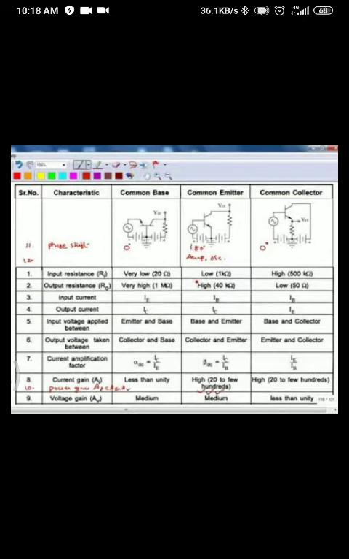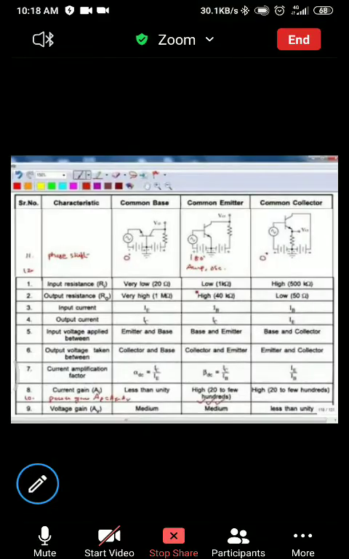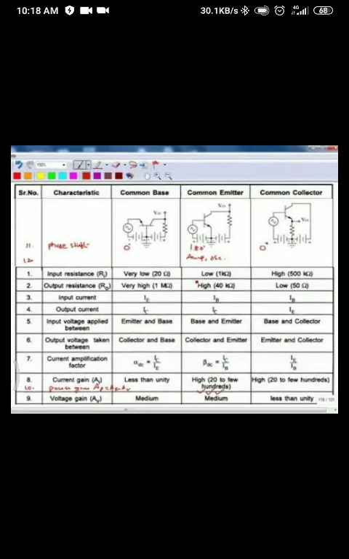And current amplification factor, as I am telling you again and again: for common base it is alpha. Always remember, for common base it is alpha, that is IC upon IE. Current gain means output current upon input current. For common emitter it is beta, that is IC upon IB, and for common collector it is gamma, that is IE upon IB.